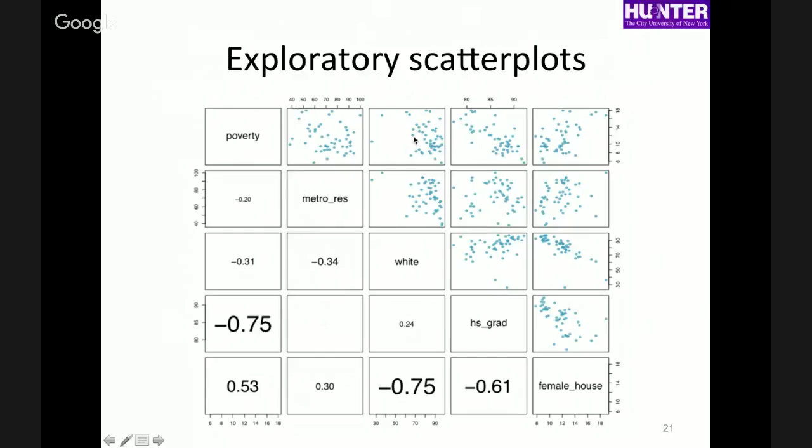And so if you go along this first row, the y-axis is the same. It's the percentage of households below the poverty line, but the x is different for each one. Here, it's the fraction of residents self-reporting as white. Here, it's the percentage of people who have completed high school.